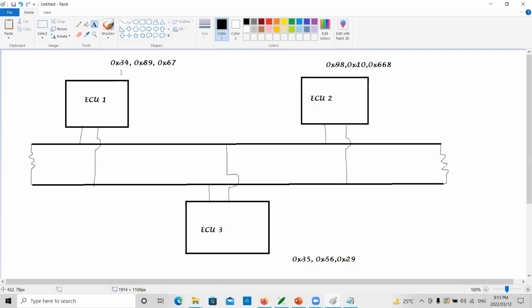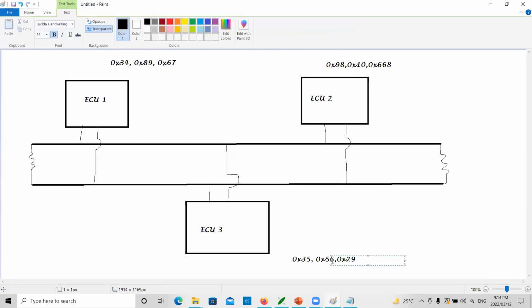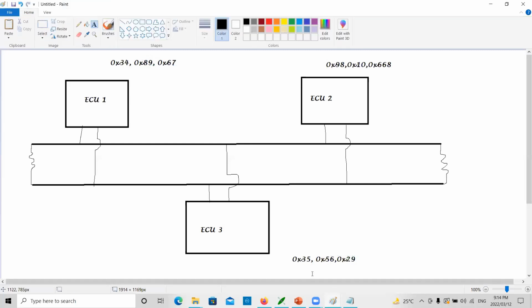Once this group is sent out, the next second group will come into the picture. That means 89, 10 and then 56. The arbitration that I explained, the same process will be repeated for 89, 10 and 56. Who will win?